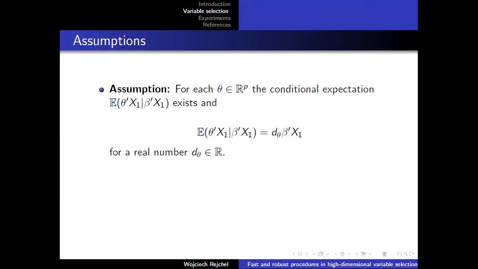So roughly speaking, you can say that the regression of theta times x on beta times x is linear in beta times x. Maybe it's not very formal because this number can depend on theta, but you can think like that.